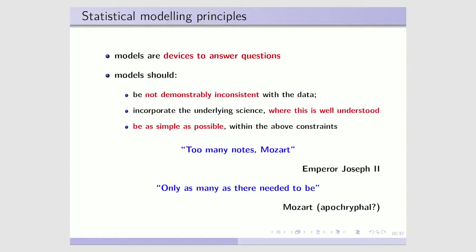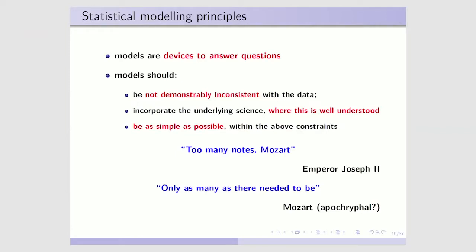That's not a very high bar to pass, but it's reminding you that if you want to show that your model fits the data, all you need is a very weak goodness of fit test, and you'll get the answer you want. The second thing, of course, is that if there is some well understood scientific mechanism, you should use that.